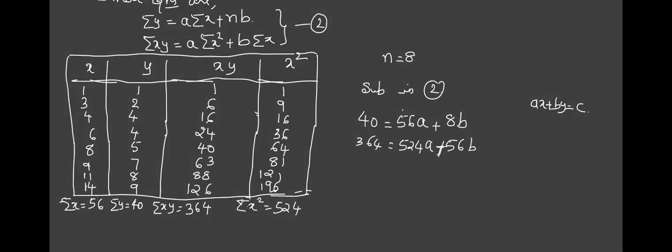So first you should start putting the coefficient of a: 56, then 8, and then 40. Reversely, if you do, your values will be wrong. Are you getting how to feed the values? 56, then put equal to, then 8, then put 40. Similarly, for the second equation, 524, 56, and then 364.